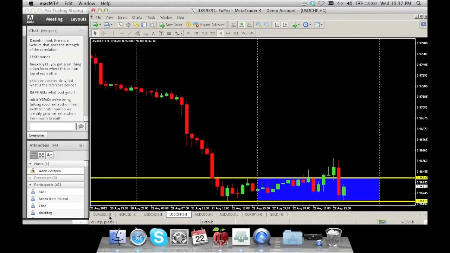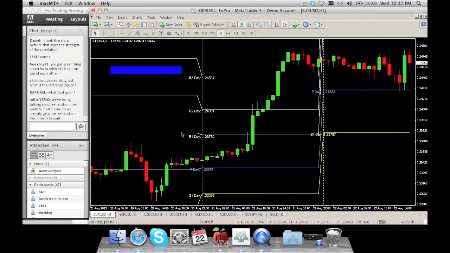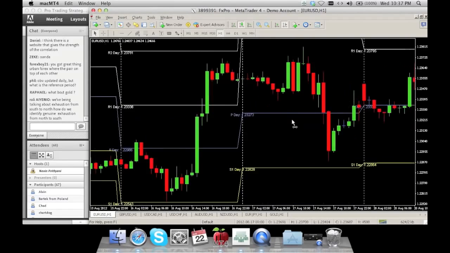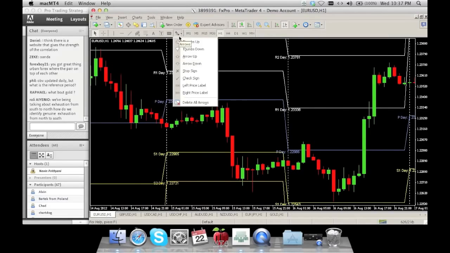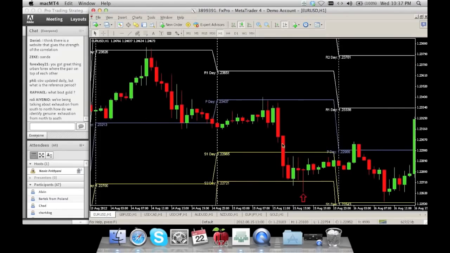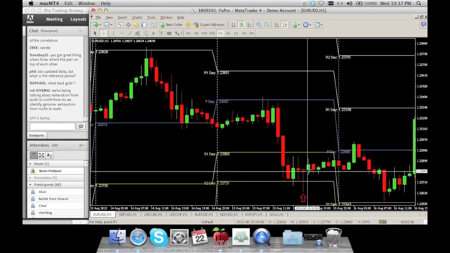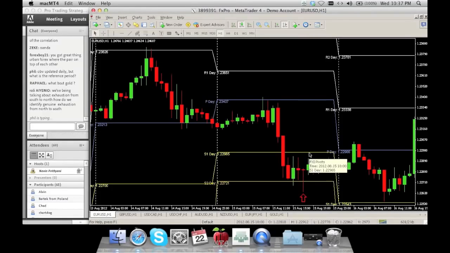Now, what do we need to do? This is the first trade that we saw, right? We saw an exhaustion, we saw it bouncing off a support or resistance, and the market is now continuing, and you know that from here to here you have a guaranteed profit of 14 pips.